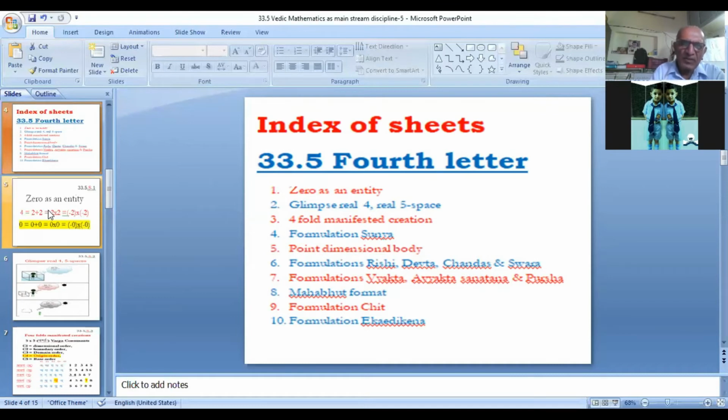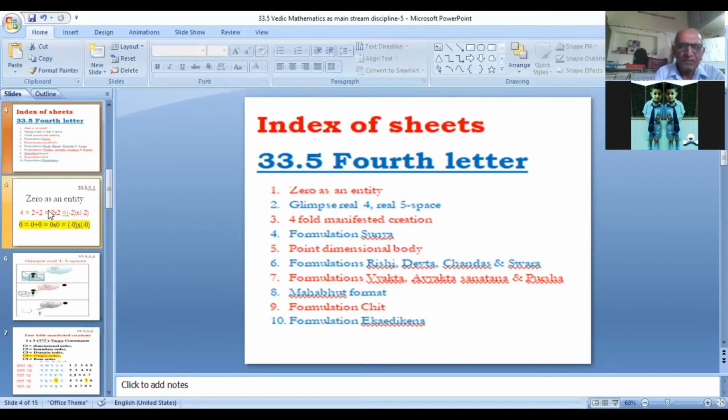So empty space itself is a space, is an entity, and is having cardinality 1. Therefore, the first phase of comprehension of the initiation features in the fourth letters is the comprehension of zero as an entity.